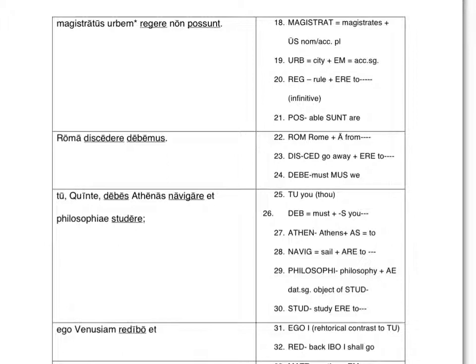Okay, the next sentence, magistratus urbem regere non possunt. So the subject, although I say here that it's nominative or accusative, plural, it's ambiguous. Could be either. The simplest form of disambiguation would be that this is plural. I say here it's plural. The verb is also plural, possunt.